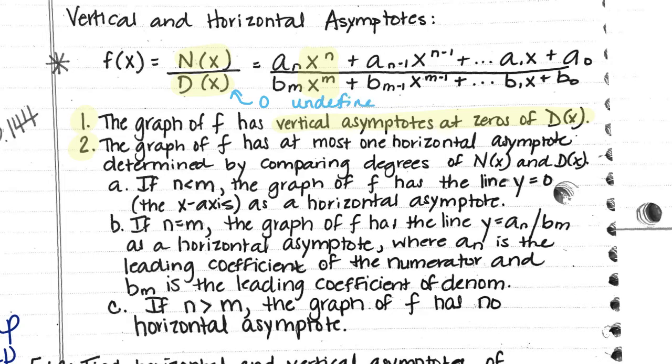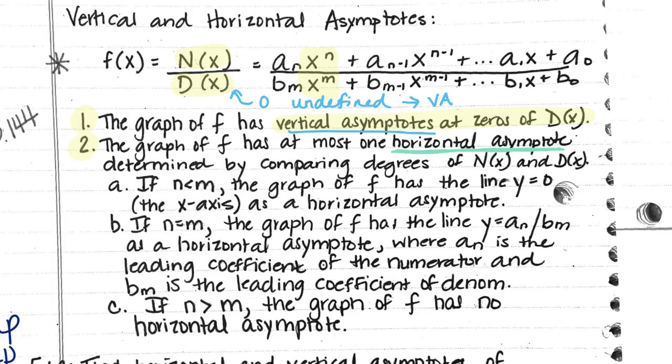So if I made the denominator equal to 0, that is where we have vertical asymptotes. Now, something new for us that we're never going to forget, because we have to know this for calculus, is these rules for horizontal asymptotes. So there are 3 different rules.